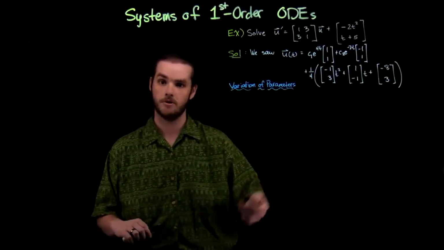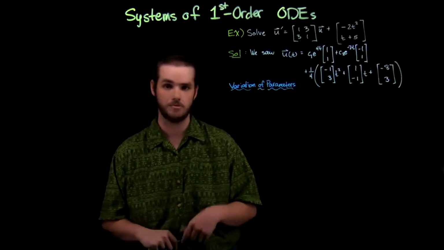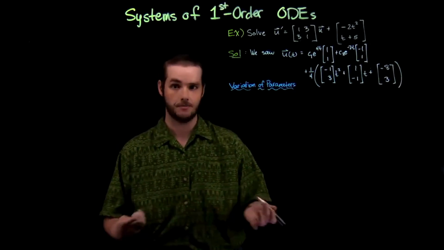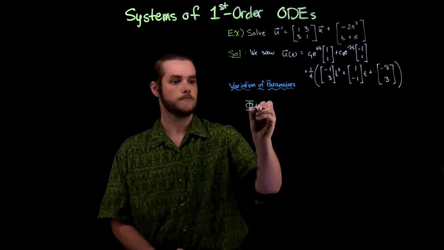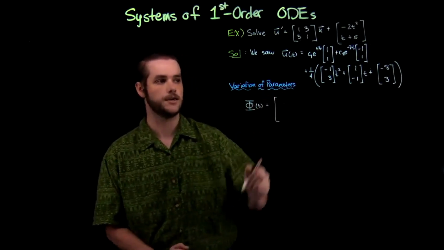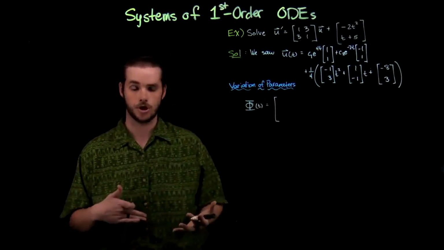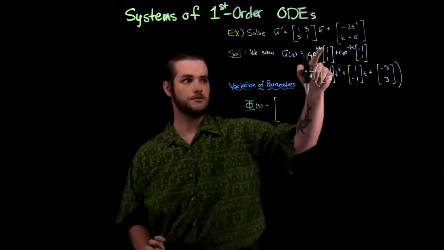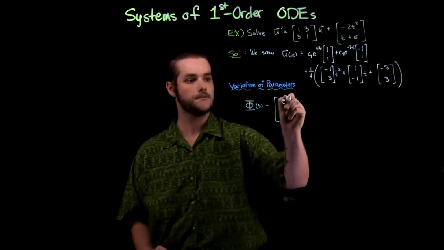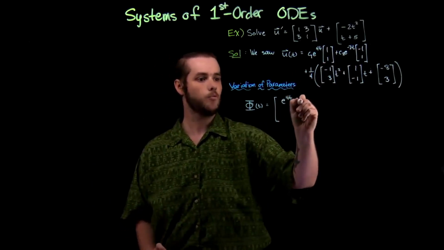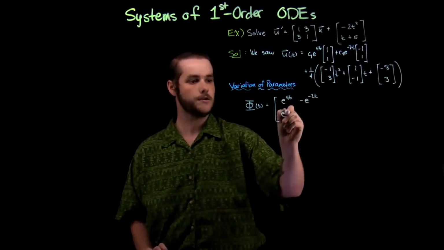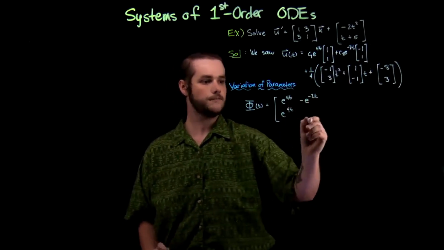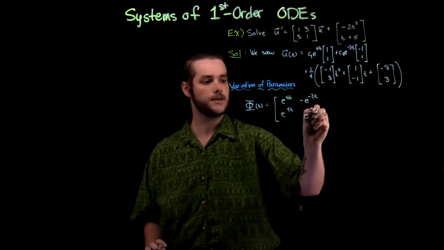So, if we want to apply variation of parameters to this problem, we first need to build the fundamental matrix, phi, which of course is just the fundamental solutions in each corresponding spot. So here I've got a 1 e to the 4t, I've got a negative 1 e to the negative 2t, I've got a positive 1 e to the 4t, and I've got a positive 1 e to the negative 2t.